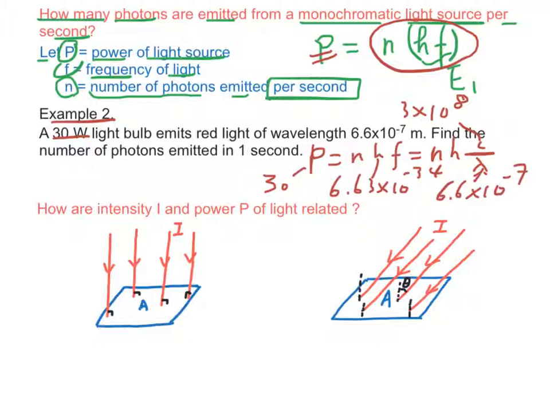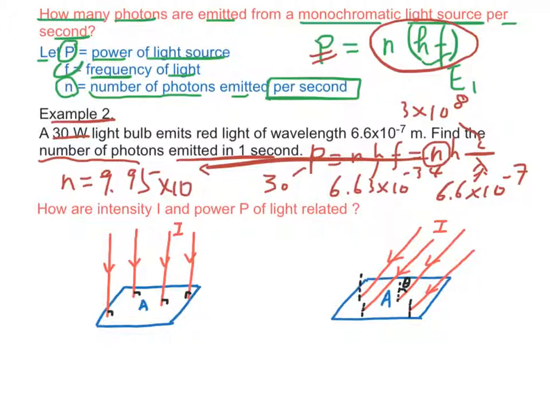We have the number of photons emitted in 1 second, N, equal to 9.95 times 10 to the power 19.